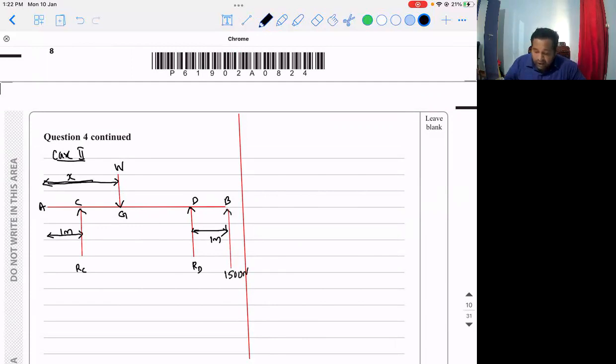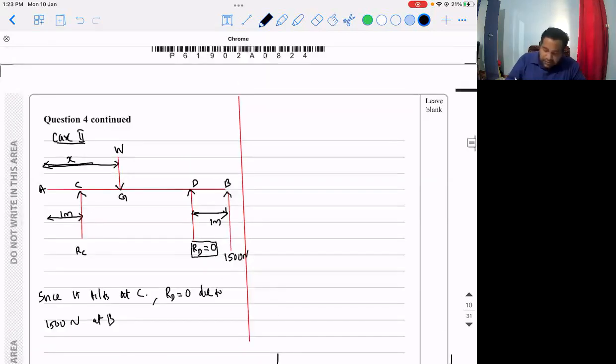So due to this 1,500 Newton, it is about to tilt at the point C. So here at that time, RD becomes 0. Since it tilts at C, RD becomes 0 due to 1,500 Newton at the B.